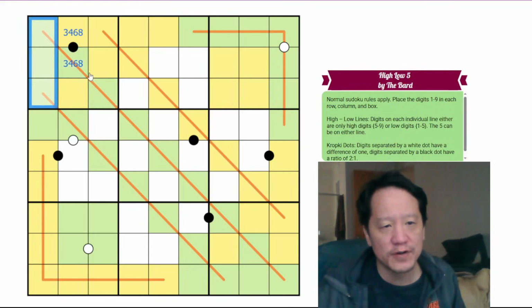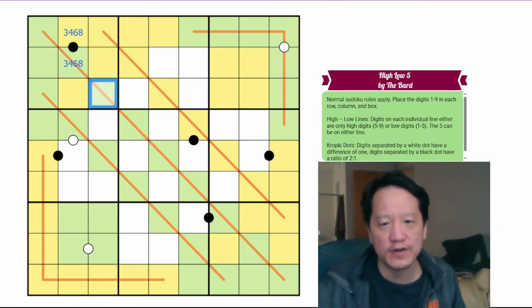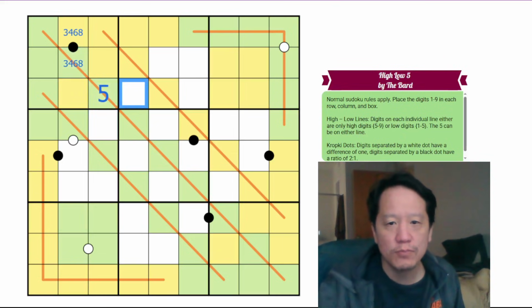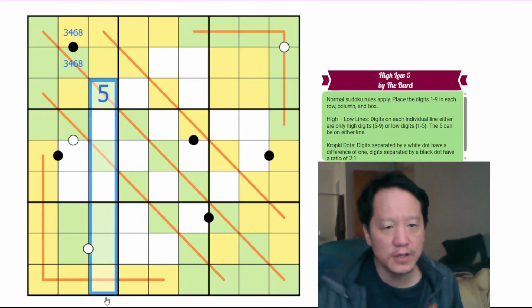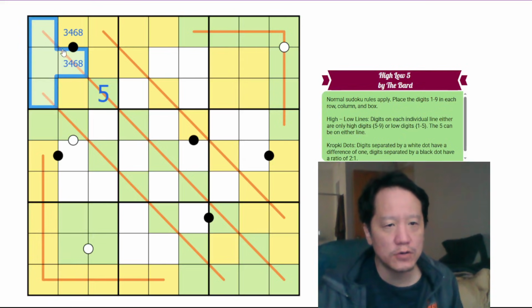And these can't be 5, this can't be 5, so this must be 5 here. That eliminates 5 from being here. So this is either 1, 2, 3, 4, or 6, 7, 8, and 9.